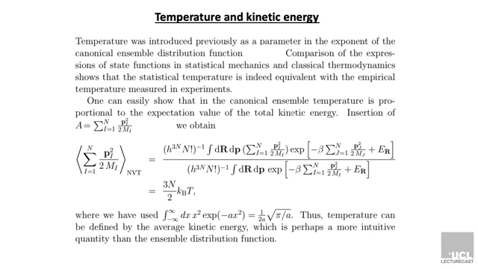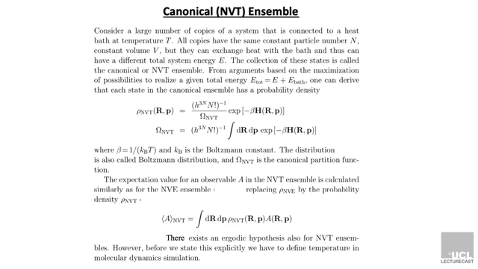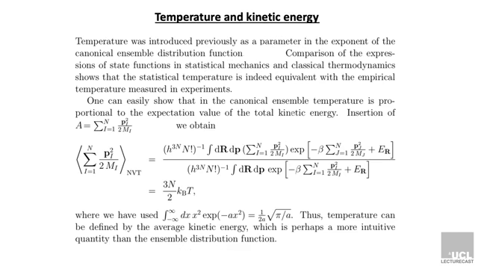So if you look at the expectation value in the NVT ensemble of the kinetic energy, so here A is just the kinetic energy, sum over m v squared over 2. So you have to calculate, this is the observable, p squared over 2m, so this is the value that you want to calculate.